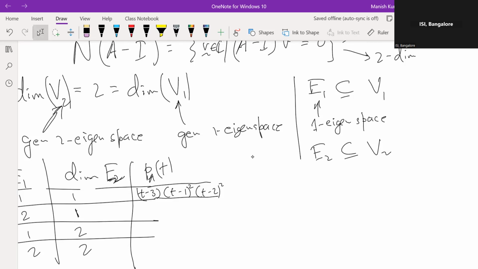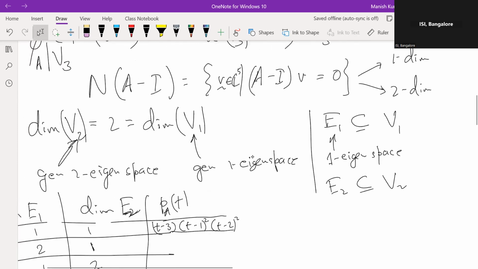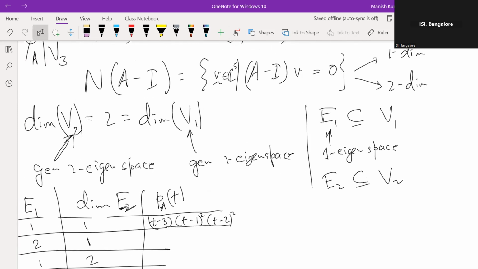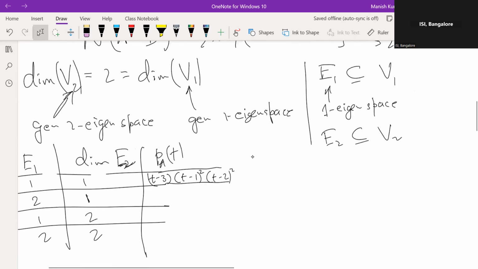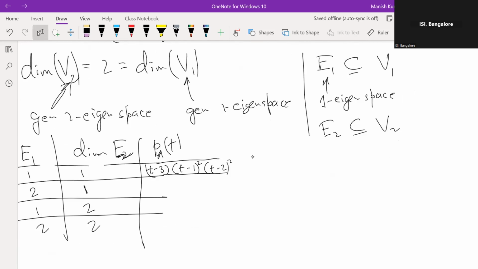If it is not 1, it has to be 2, because V1 has dimension 2. So that is the reason it cannot be 1. It has to be 2, because t minus 1 cannot annihilate V1. It can only annihilate E1. So that's how the minimal polynomial is determined by just knowing this.